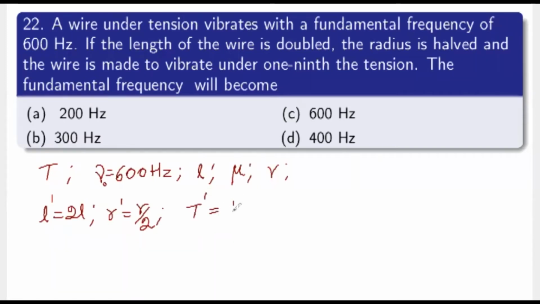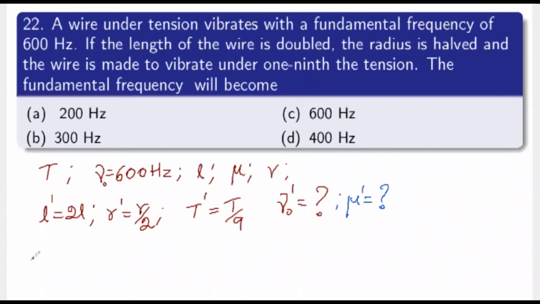So the new tension is T by 9. Then what is the value of the fundamental frequency? Now we have to calculate the mass per unit length under the new conditions, mu prime.